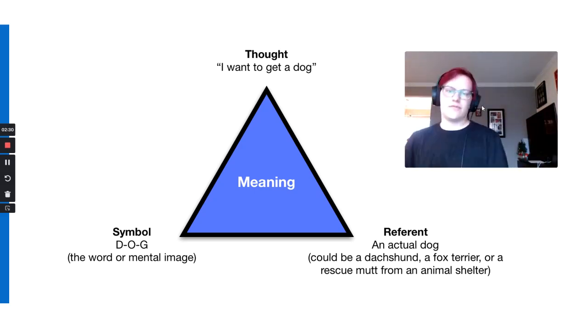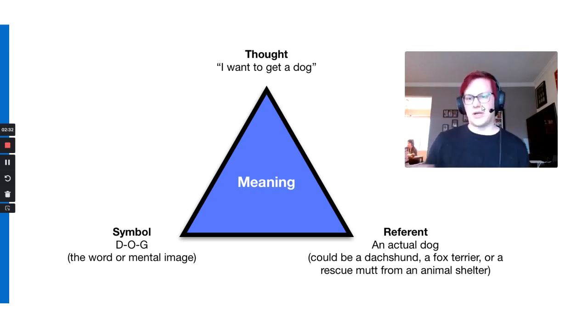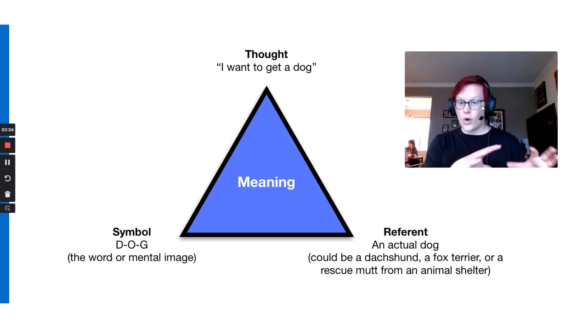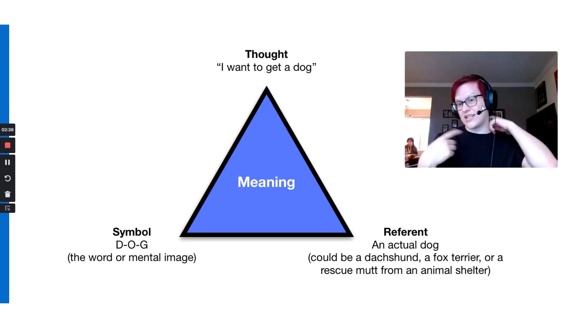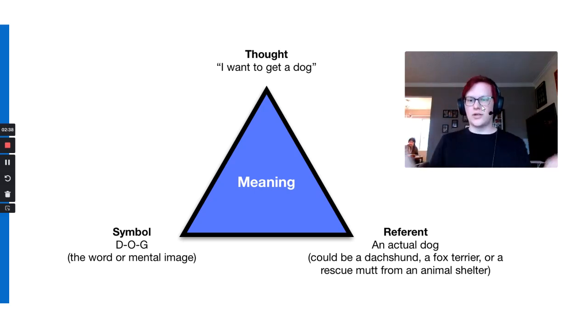And so to do this, let's do a little thought experiment. The words on the screen give the example of dog. So we have the word dog. Now, the referent would be an actual dog. I know a lot of you have dogs. I don't have a dog, so I can't do this experiment perfectly. Imagine I showed you a dog in real life, that's the referent.